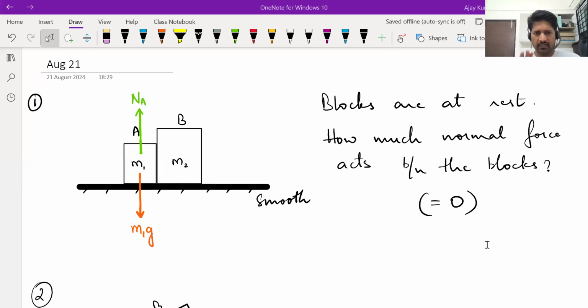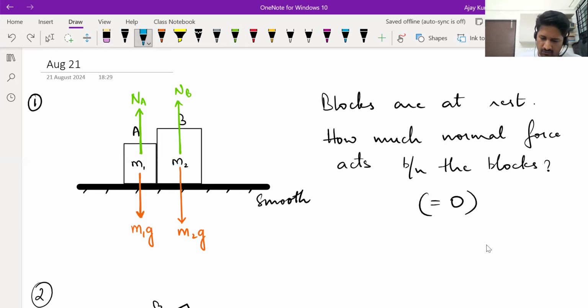Yeah, these forces will be acting on A. Similarly, weight and another normal force will be acting on B also from the table. B's weight is m2g, and normal force on B from the table will act this way, N_B. That's fine. But the question is particularly asking about the force exerted by A on B. Now, if A exerts any normal force on B, it has to be in this direction.